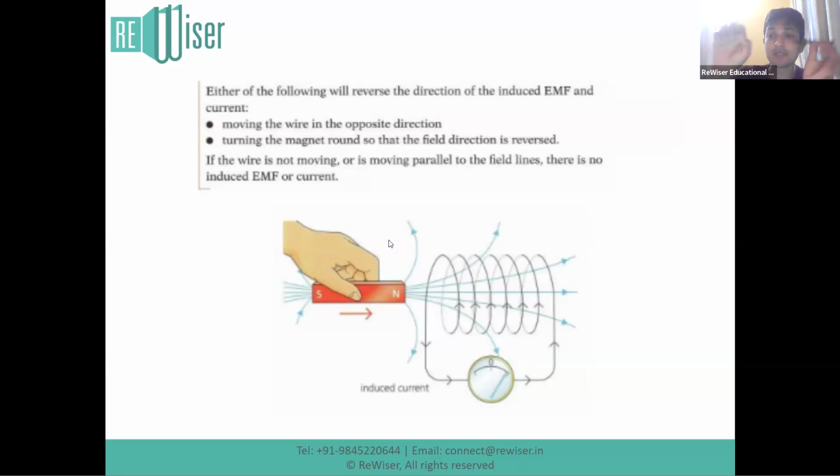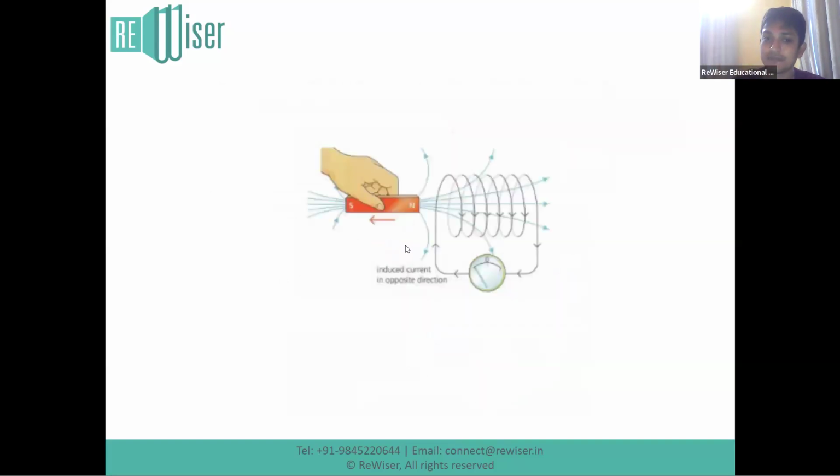Remember, I don't just have to bring the magnet closer. When I bring it closer, current is induced. When I take it away, current is induced. It is just that when I bring it closer, current is induced in one direction, and when I take it away, current will be induced in the opposite direction. That's it. That's the law of electromagnetic induction.